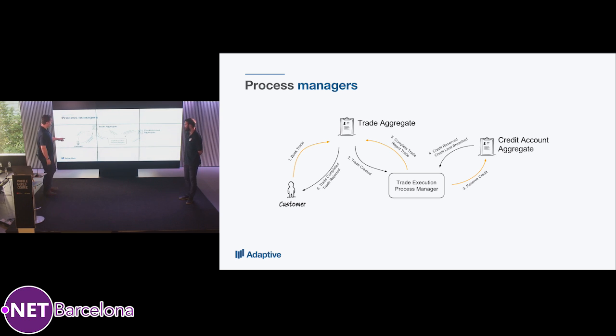Here we go out and try to reserve the amount of money on your account to see if you can actually do the trade. Then we come back and see whether we still want to do the trade. Just because you've reserved the credit doesn't necessarily mean that we still want to do the trade. So that's the place where you check against the little bit of consistency to make sure it's still in sync.